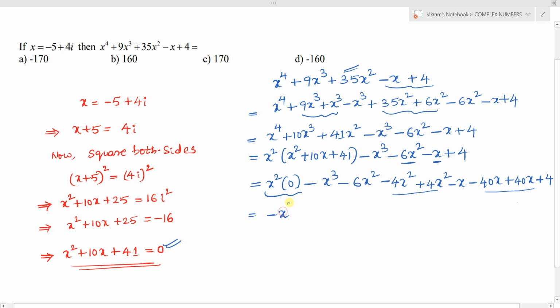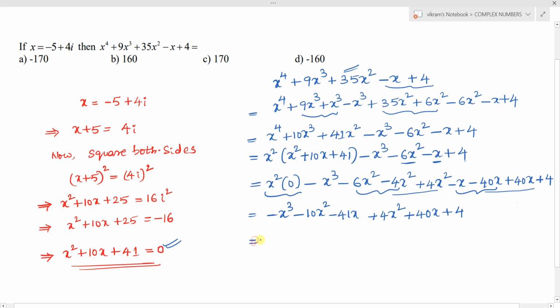Now we can write minus x cube minus 10x square, minus x cube minus 10x square, and these two as minus 41x. Then the remaining terms are 4x square plus 40x plus 4.